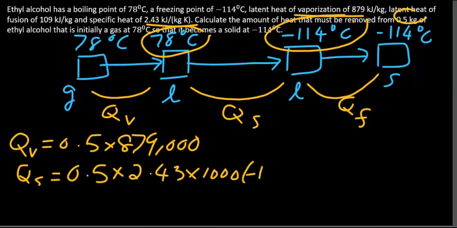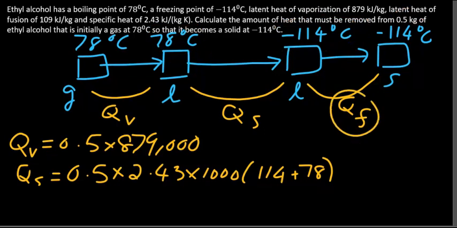So minus 114 minus 78, and that's going to give you the specific heat in the units of joules. We are calculating the magnitude of heat because we know the heat is removed. So you can turn this into a positive number. So that means it is just 114 plus 78.